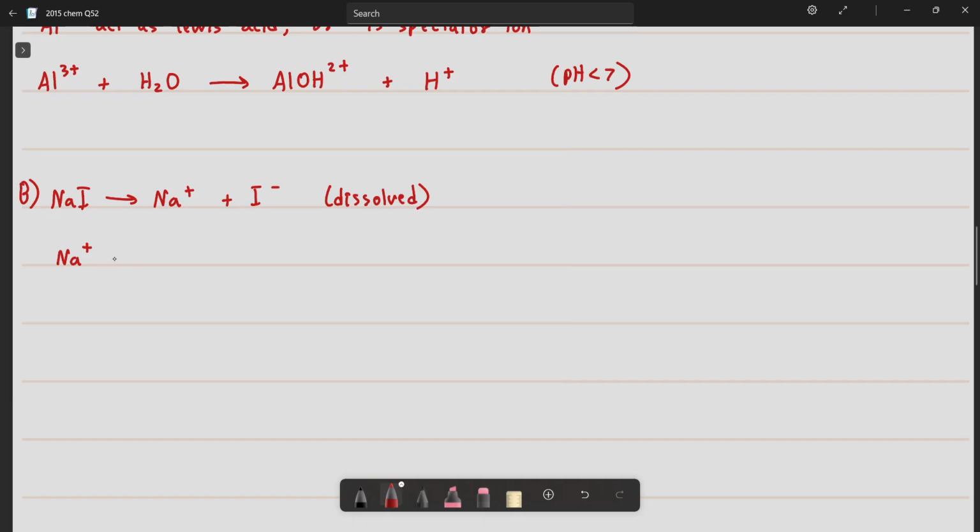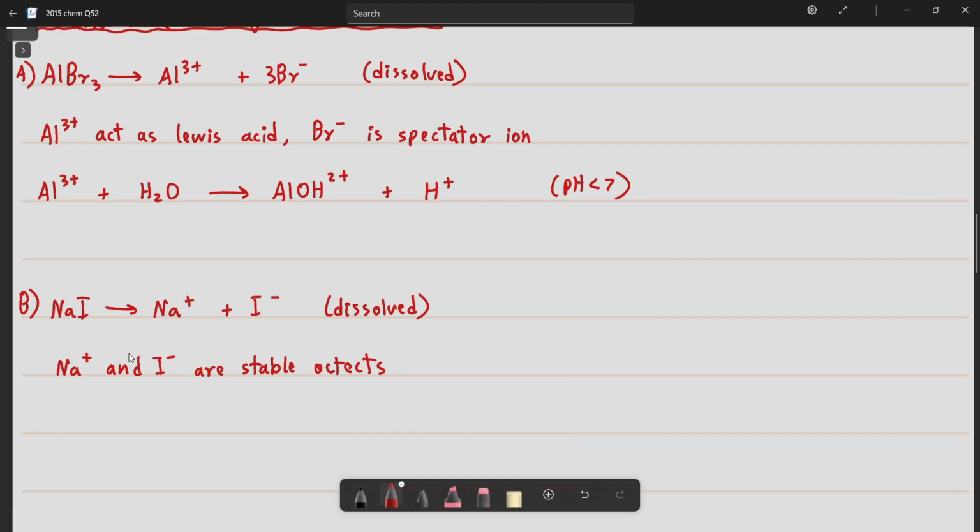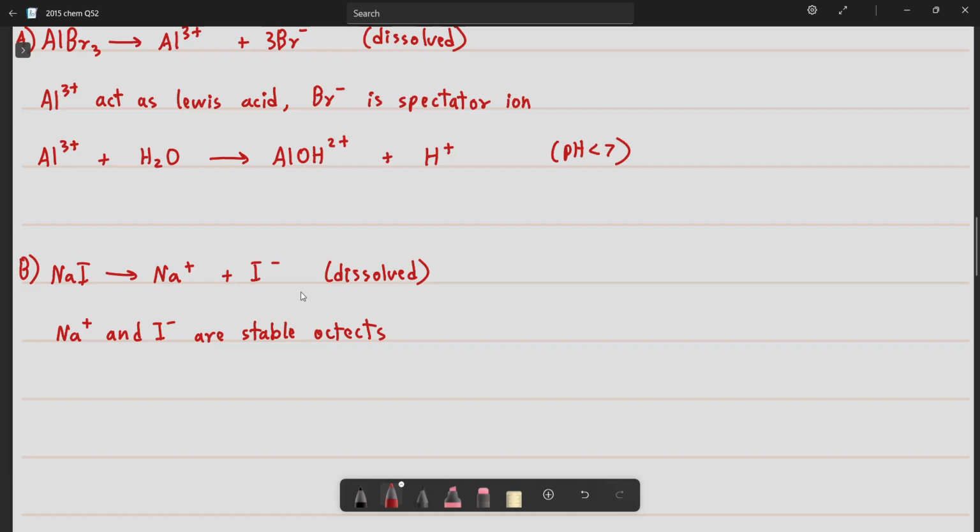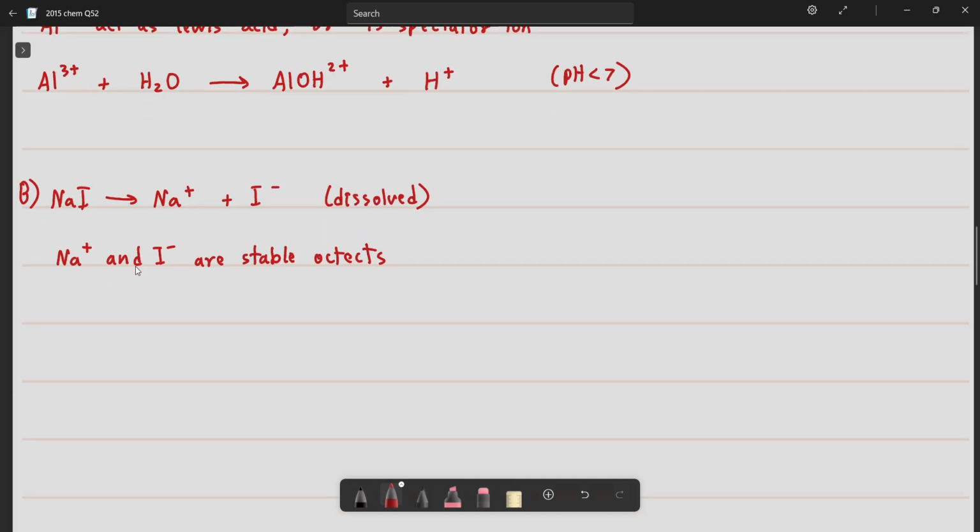Because sodium ion and iodide ion have stable octets, the outer shell of electrons completed. That's why it results in stable ions. And this rule, stable octet, also applies to bromide ion, which is why it's considered a spectator ion. So similarly, sodium ions and iodide ions are also spectator ions.